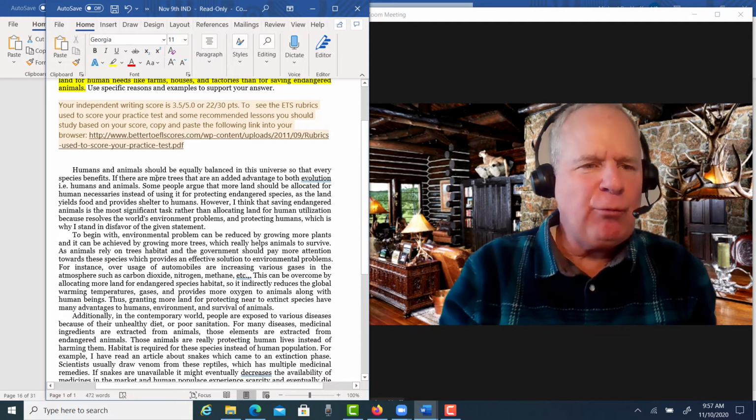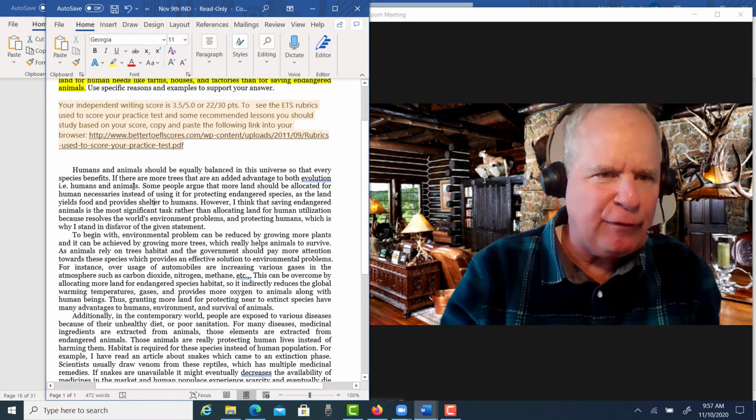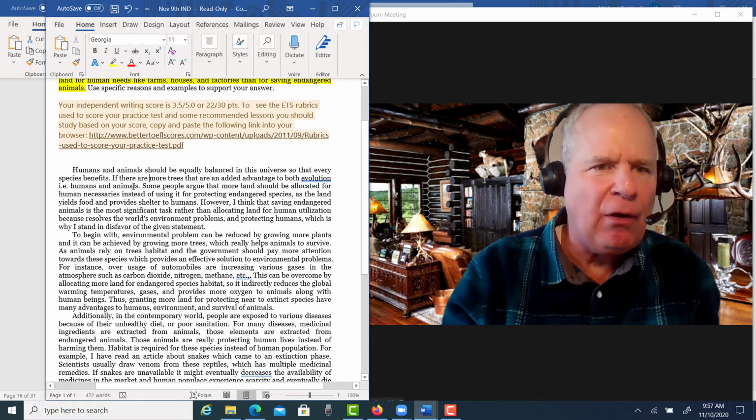It doesn't really go to the next sentence. Maybe you're trying to connect it to the previous. What you have here is a fragment. You're trying to use a dependent clause as an independent clause. You can't do it.